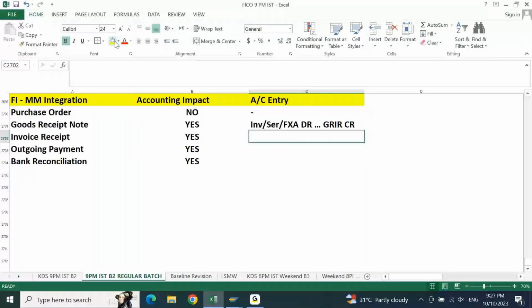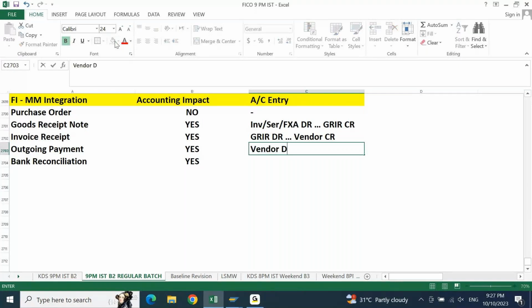INV is nothing but inventory, inventory is nothing but material, SER is nothing but service, FXA is nothing but fixed asset. Okay. Now during the invoice receipt, GRIR debit, vendor credit.